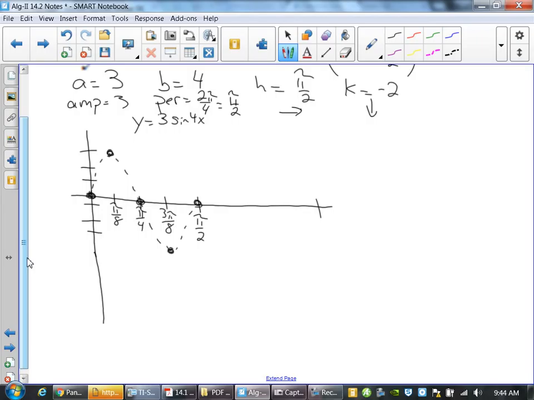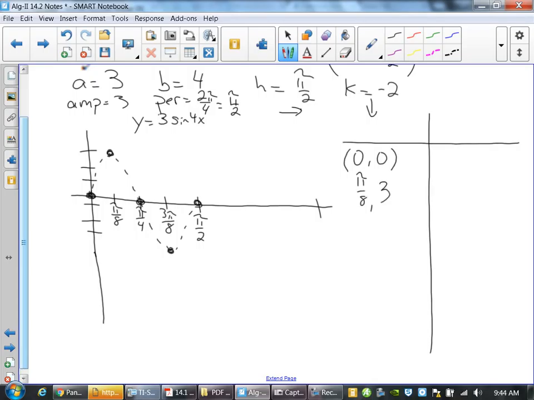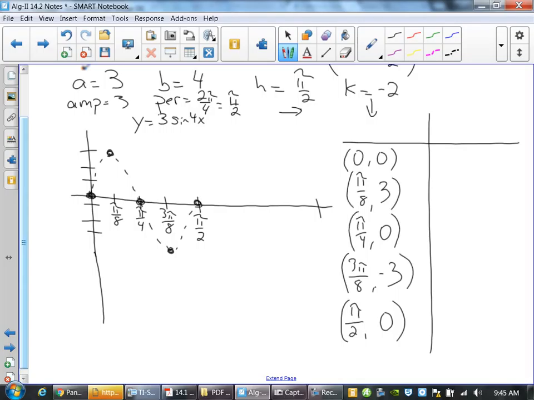If we list these out, we have 0, 0. Pi over 8, 3. Pi over 4, 0. 3 pi over 8, negative 3. And then pi over 2, 0. I have all of those for my originals.